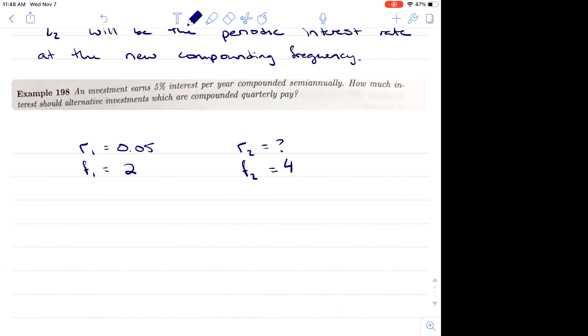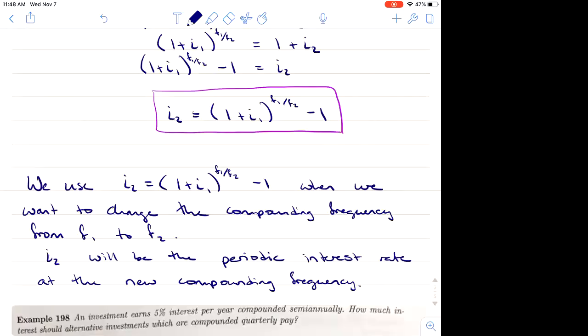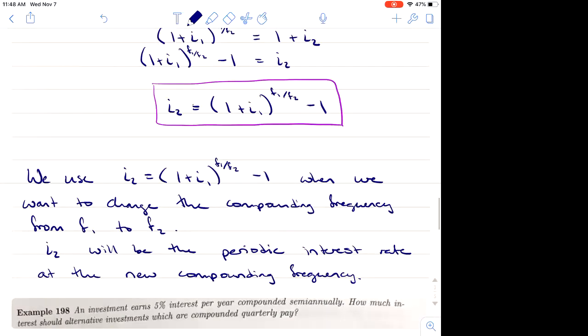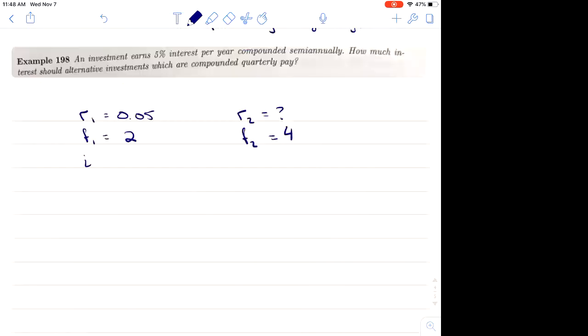All right, let's just jot down our formula. Just looking at this formula here, we can find I1 separately if we want to. Let's do that. I1 is R over F, which is 0.05 over 2. 0.025.